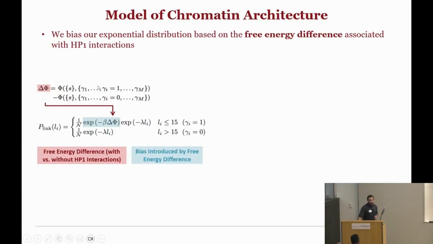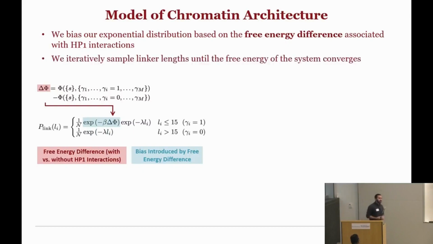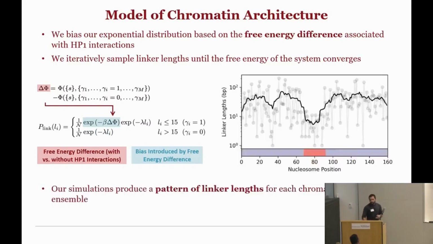And we can bias our linker length distribution to account for this energy difference so that we have a preference for shorter linker lengths which facilitate HP1 bridging. And we can iteratively sample linker lengths using this biased probability distribution until we converge on a profile of linker lengths for a 1D array of nucleosomes.